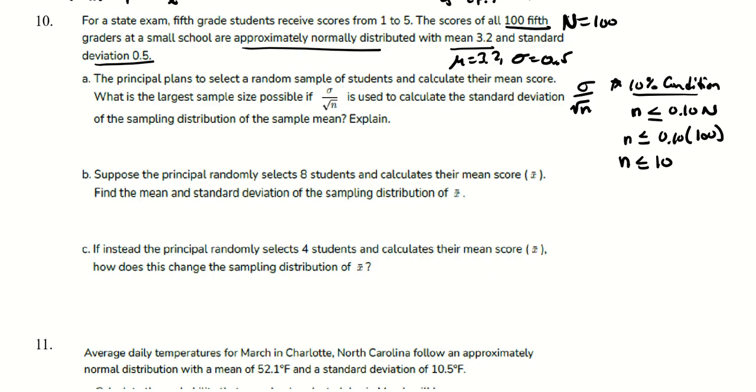I would err on the safe side and go with less than rather than equal to, but either way, you could say 10. So we could say the largest sample size is about 10 students when sampling without replacement.